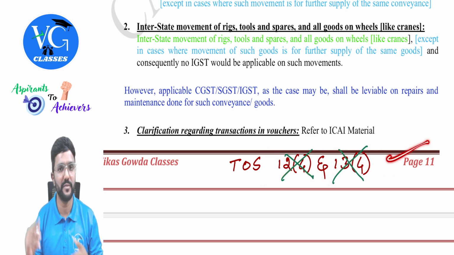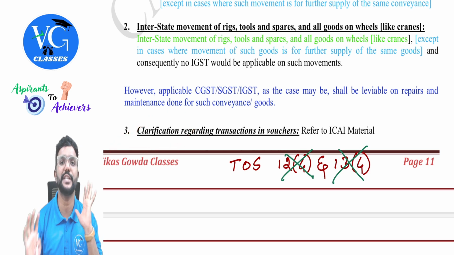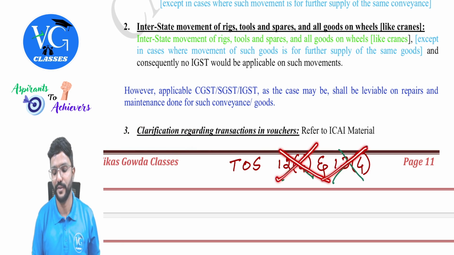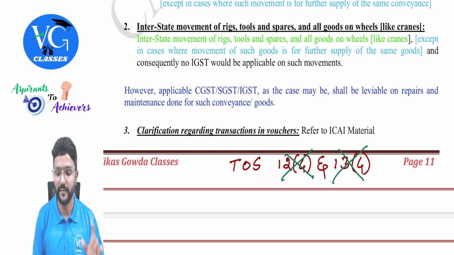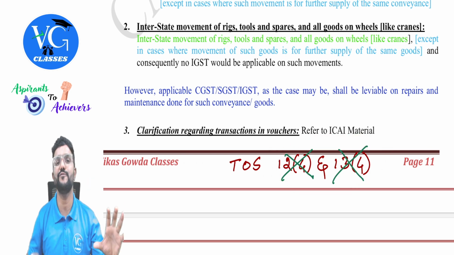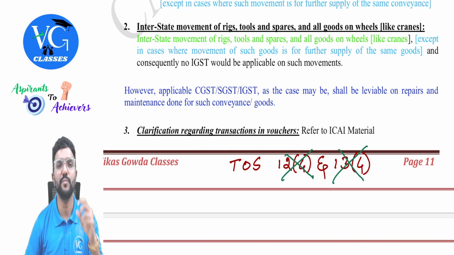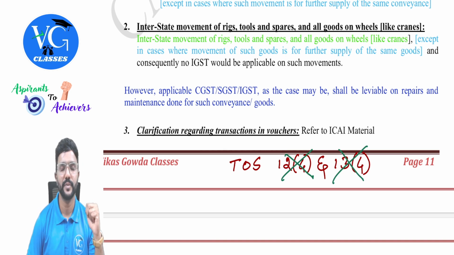I will also mention that when I go to time of supply provisions, but as it is connected to this clarification, I am mentioning it here also. If you already studied this, you can just forget about it. Subsections 12.4 and 13.4 are not applicable for your exams, guys. Is that clear?